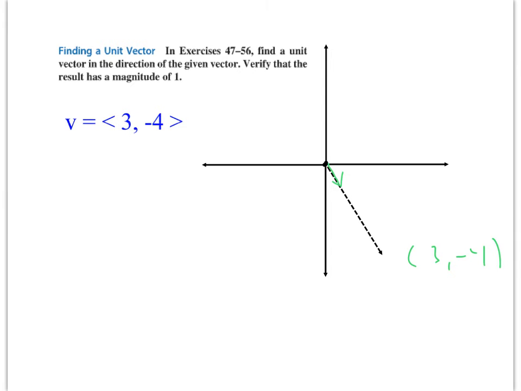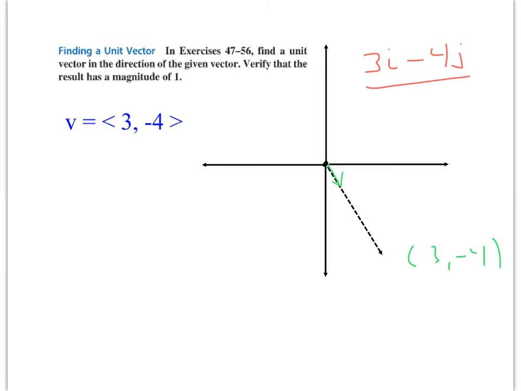So first of all, what would this vector be as a linear combination of i's and j's? Very good. That's going to be 3i minus 4j. But again, that has nothing to do with this problem.